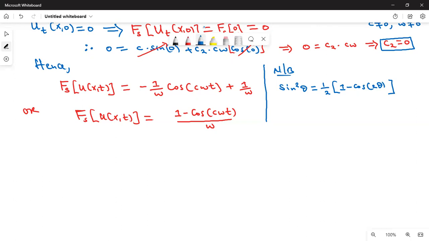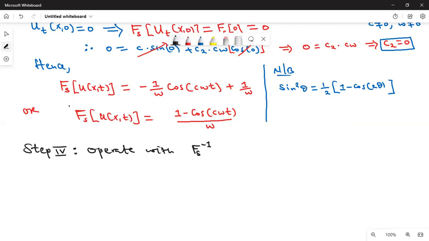Now, the last step, step 4. Is now operate with F subscript s inverse. That means the inverse Fourier sine transform.